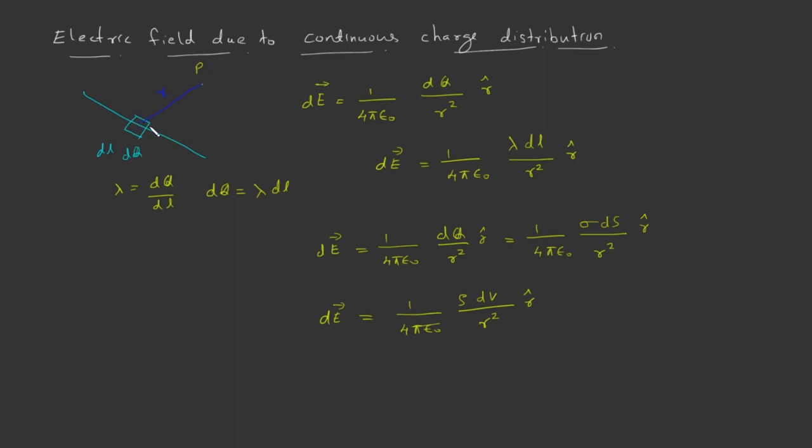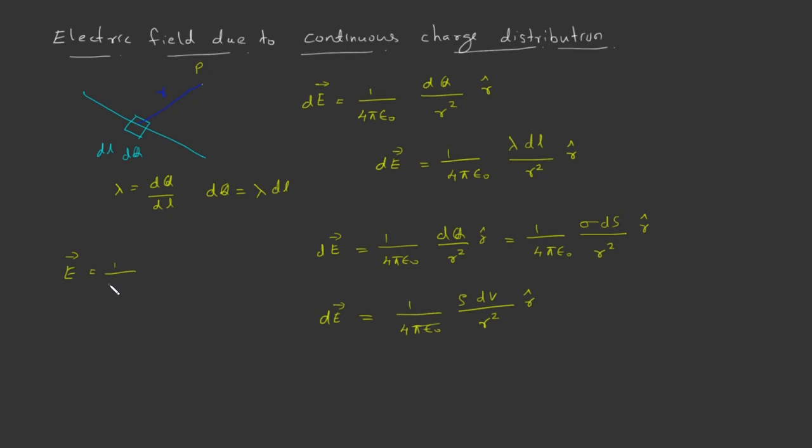If we are using the summation, we need to find the electric field due to each element here and then find the vector sum.